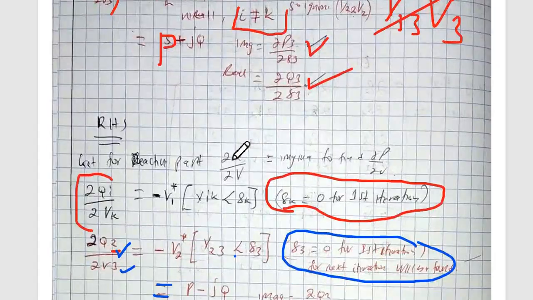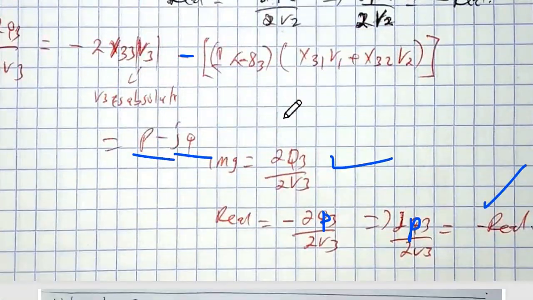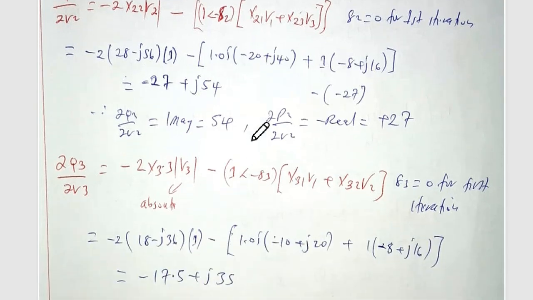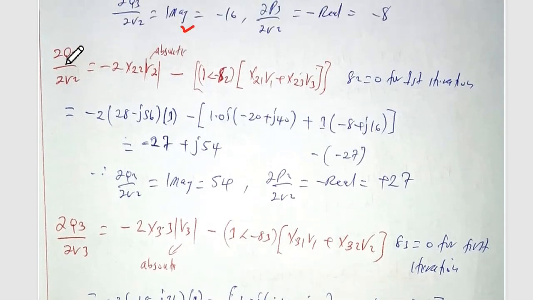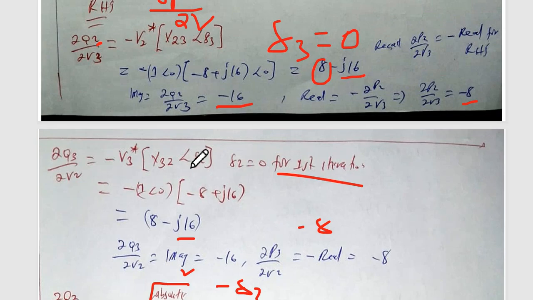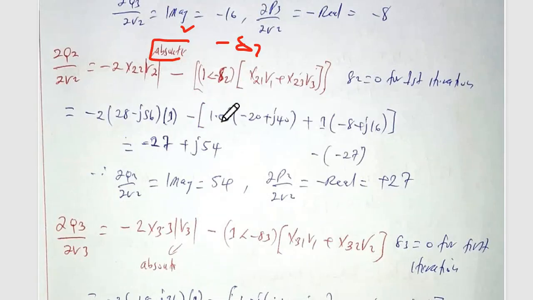Time is saved there. Then we go for the ones that are the last ones. Partial Qi, partial Vi. So the formula is negative 2 into Y22 V2. Remember, this is the absolute value of V2, so that the angle is used here. Minus 1 at an angle negative del 2. Remember, it's negative of del 2 for this. But for this, it is just the angle of del K, positive.